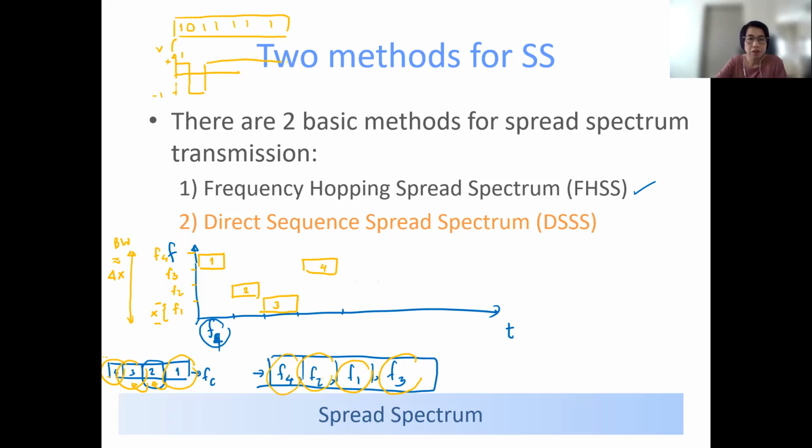So by using frequency hopping, we do not modify the shape of the signal. The shape of the signal is still as is, and then modulated with the carrier frequency and sent through the air. Okay, this is what frequency hopping does.